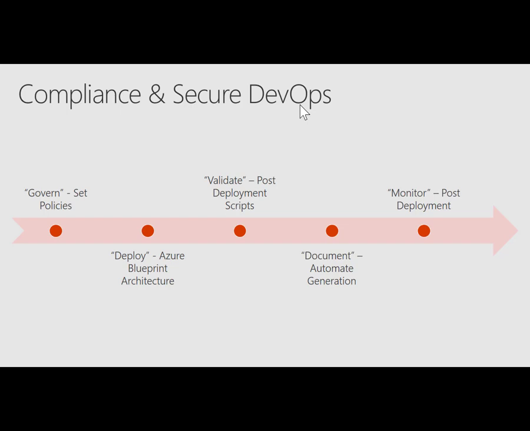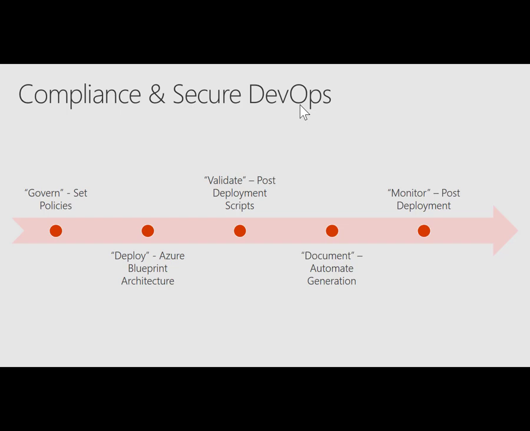Even before we provision any resources in Azure, the first thing we want to do is enforce some sort of policies. Which data center do you want your resource to reside in? Do you want them to be residing in a certain national boundary? What kind of encryption standards do you want? Those are the kinds of things that you want to set up early on in your secure DevOps process.